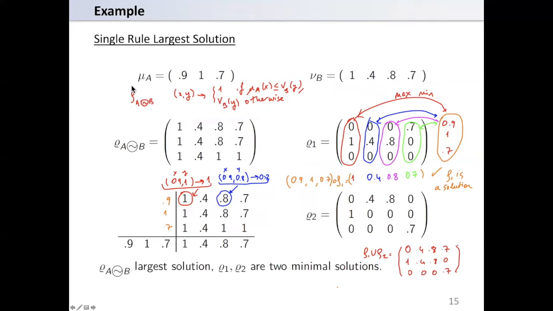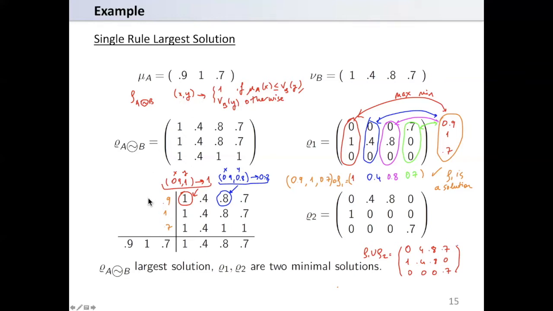Now we are trying to find the Gödel relation by using its definition. This says that for any xy pair, if the membership of A at point x is less than or equal to the membership of B at point y, the value is 1. Otherwise, it is equal to the membership value at y.